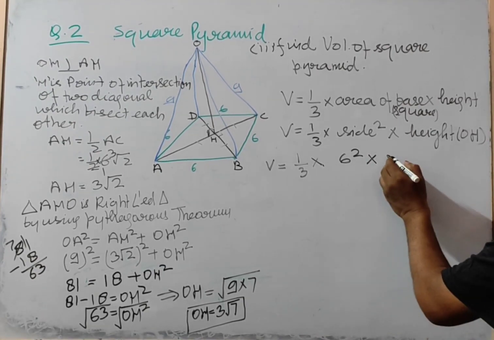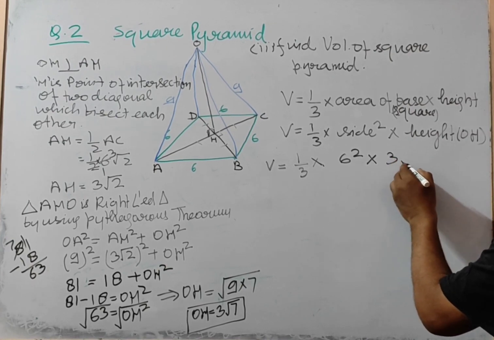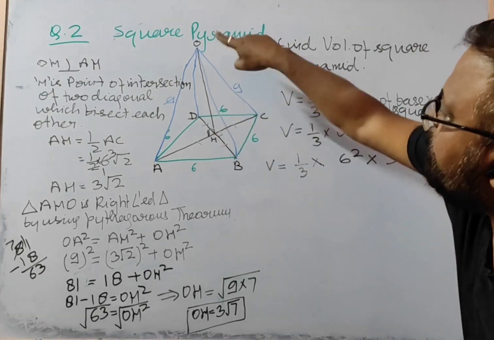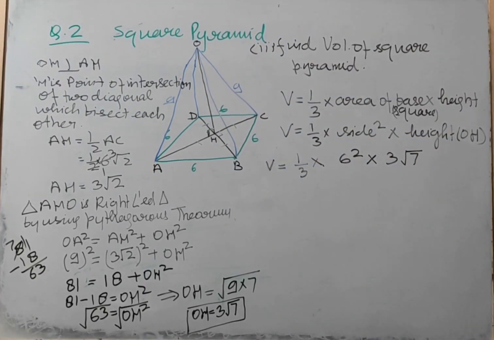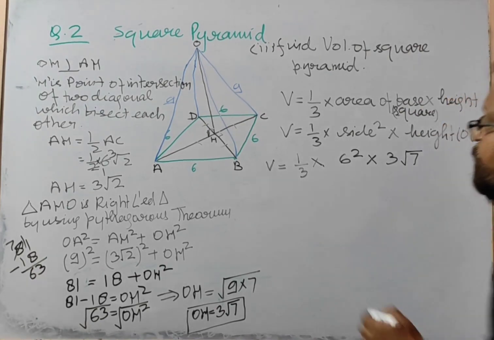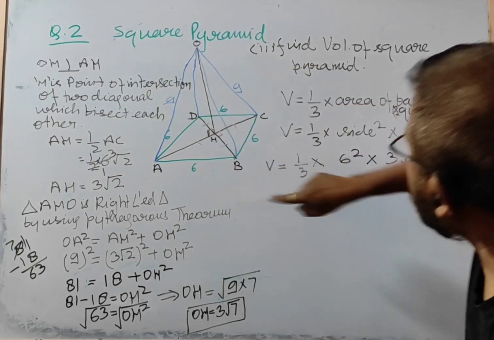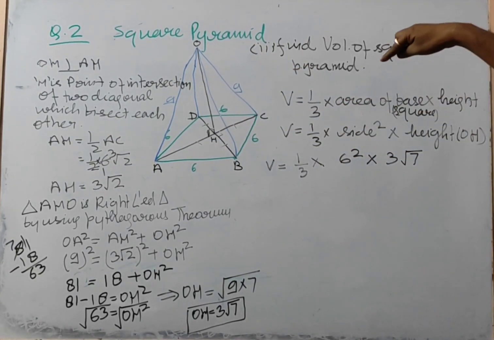OH is the height. Volume is area of base into height.